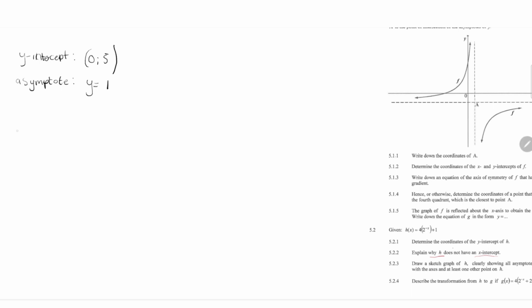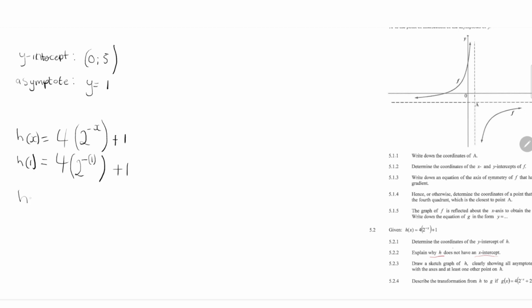So we have graph of h as h of x equal to 4 multiplied by 2 to the power minus x, plus 1. So let us say maybe we want h of 1. That will be equal to 4 multiplied by 2 to the power minus x, but then we will substitute with the positive 1, and we close the bracket, plus 1.